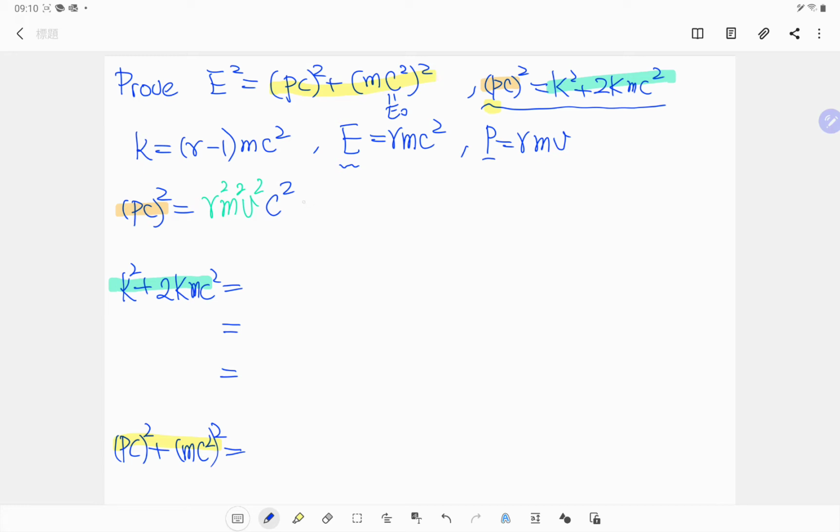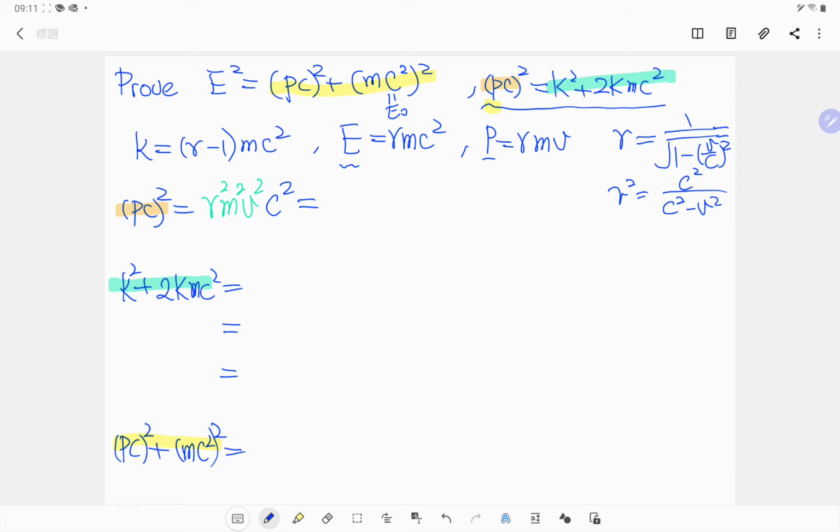So we have square, and then we have c square, something like this. So next we try to substitute gamma equals 1 over this Lorentz factor. So gamma square will be nothing but c square over c square minus v square, because we have c square in the denominator of the denominator, and flip it up.